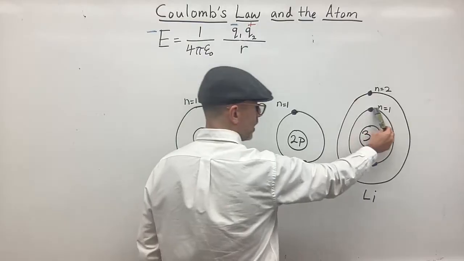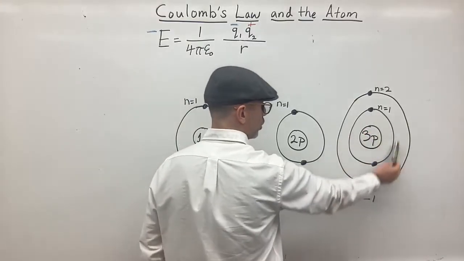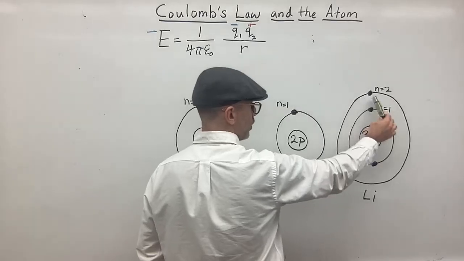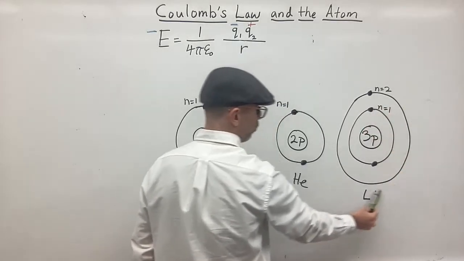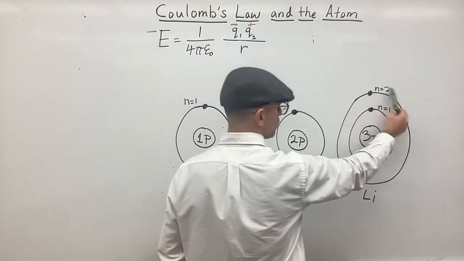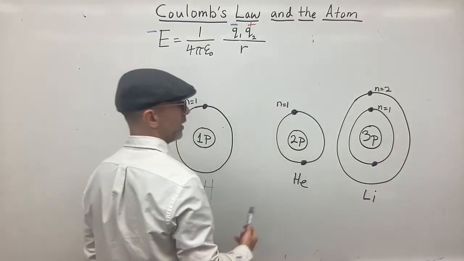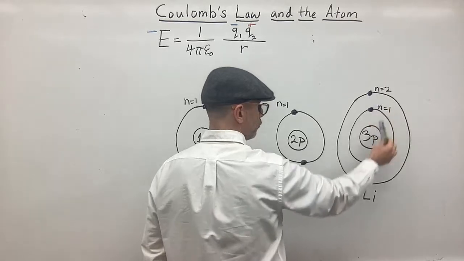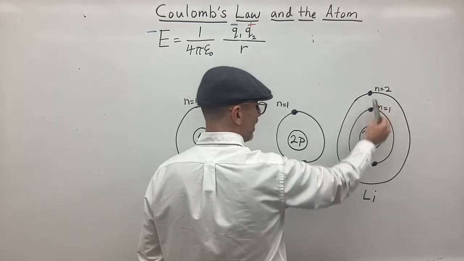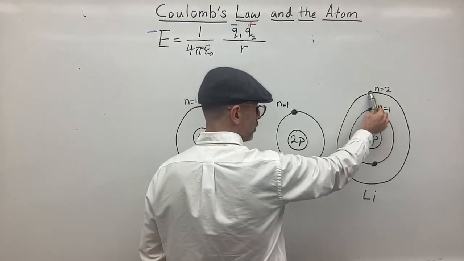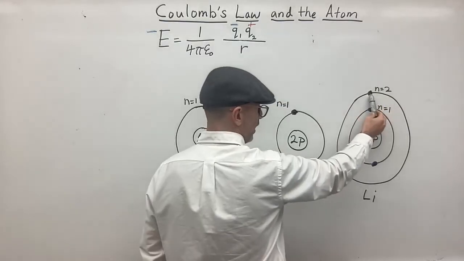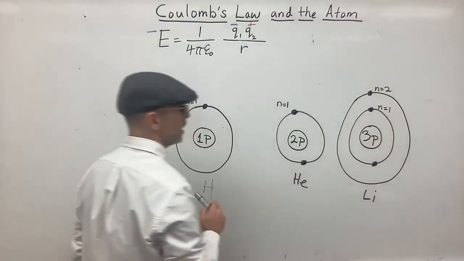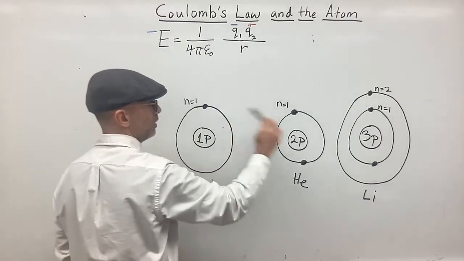Because these two electrons are occupying the lower energy, this electron has nowhere else to go except the next higher one, which would be your 2s orbital. This electron is farther away, so it's going to have a higher potential energy, but it's as low as it can get. So higher potential energy because it's farther away, increasing r.